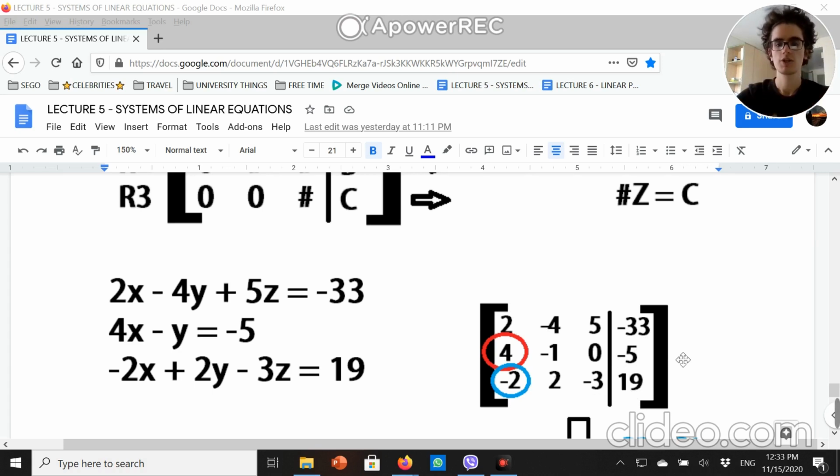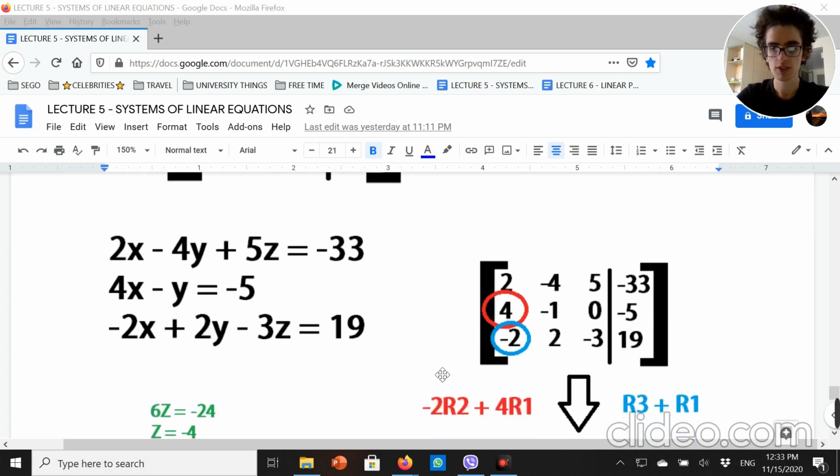And now the question is, what should we do in order to get 0 here instead of 4 and 0 here instead of negative 2? So how can we add these rows together so that our values here are 0?